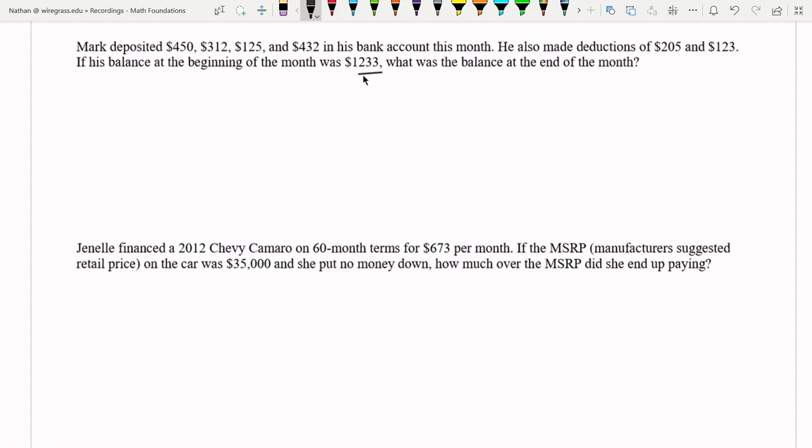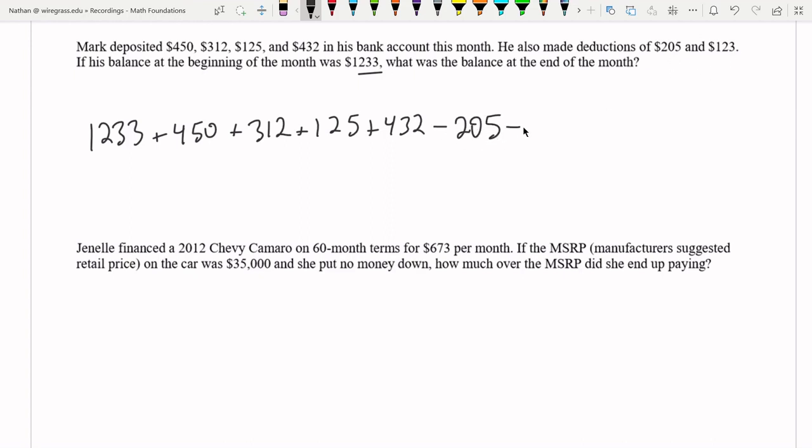An increase is the same thing as adding onto this amount, and a deduction is the same thing as subtracting from this account. So if we start here, then we're going to make deposits. We're just going to continually add on all those deposits. But then after that, we make deductions or subtract these amounts.